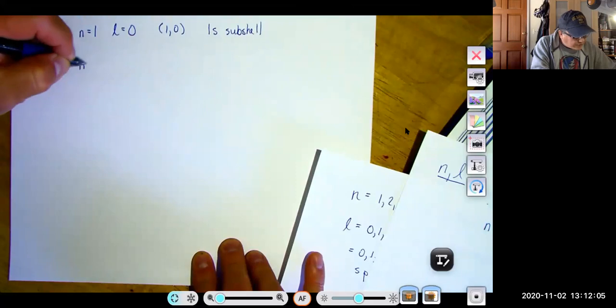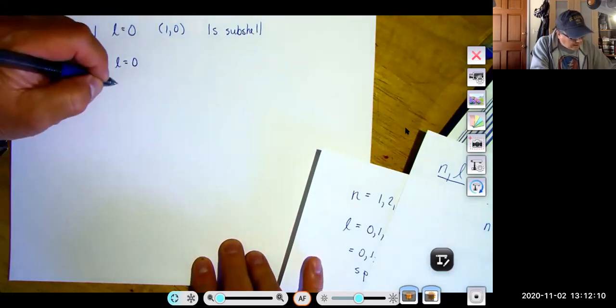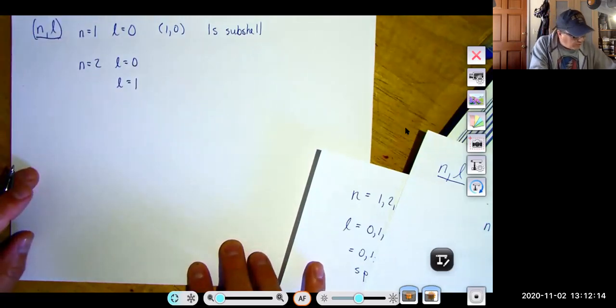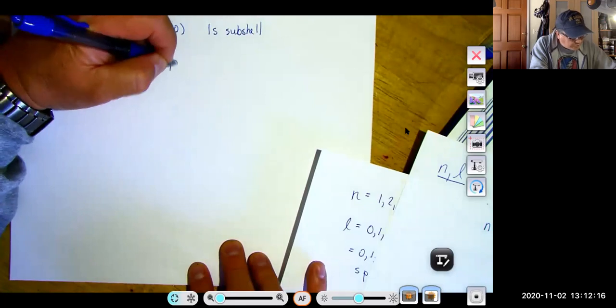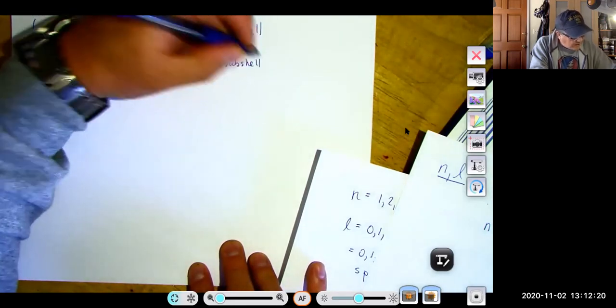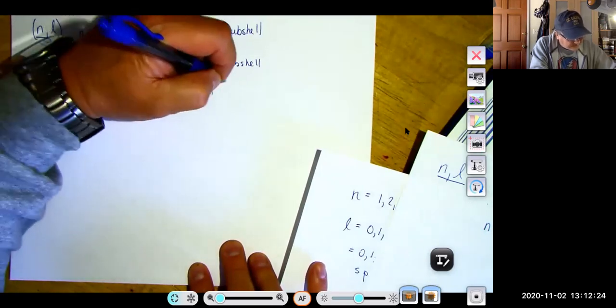If N is equal to 2, L can be 0 or L can be 1. So we can have a 2, 0, which is a 2s subshell. And we can have 2, 1, which is a 2p subshell.